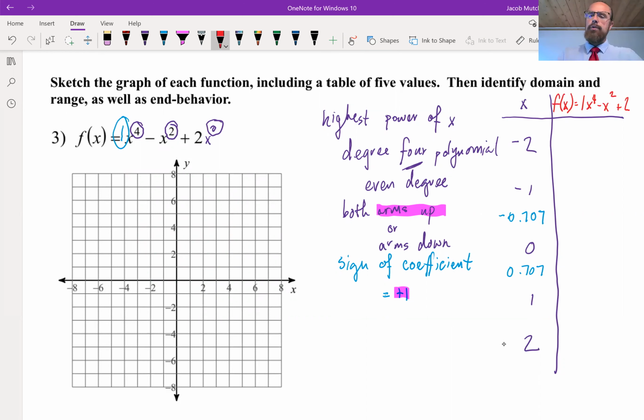So negative 2 is 14, negative 1 is 2. The extreme value at negative 0.707 is 1 3/4. 0 is 2. So I can see there that this is a minimum. So in a way, that's kind of like a vertex. Same for this positive 0.707.